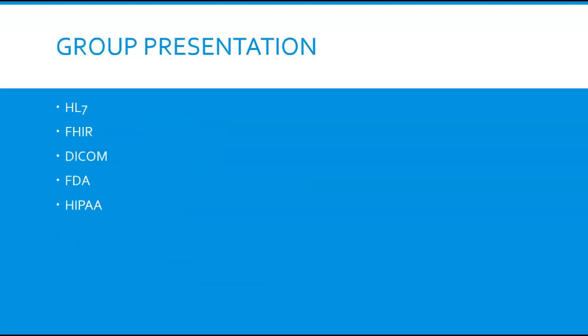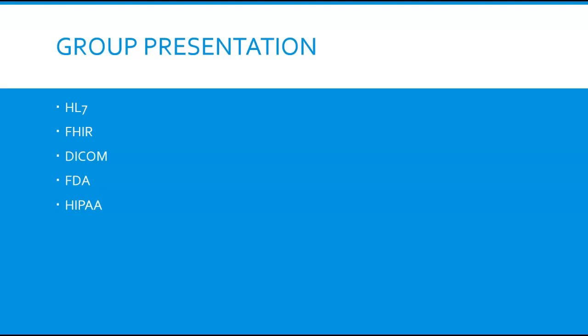So I know it says on this slide, group presentation, and we are not together to form groups. So what I'm going to do is leave it up to each of you. You'll see here listed HL7, FHIR, DICOM, FDA, and HIPAA.